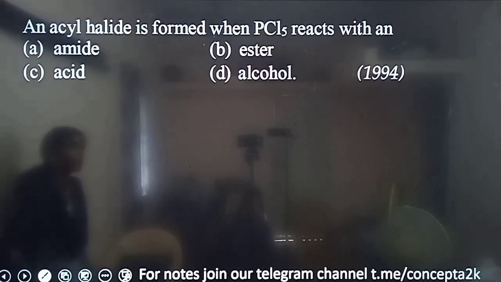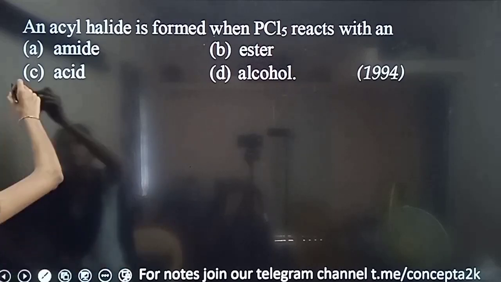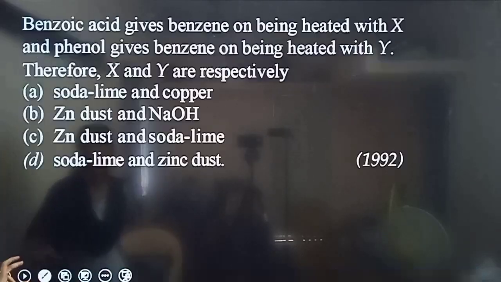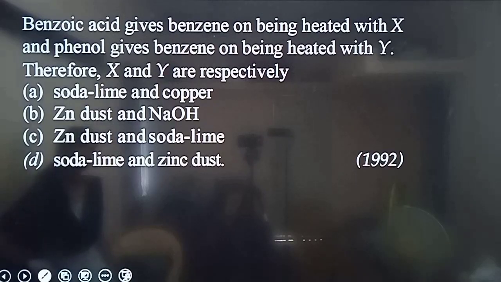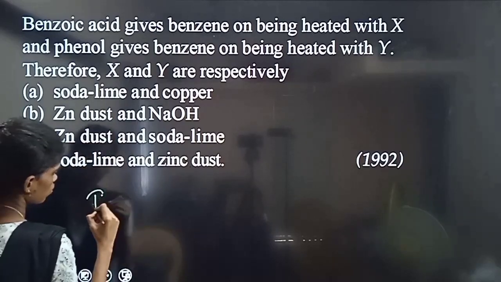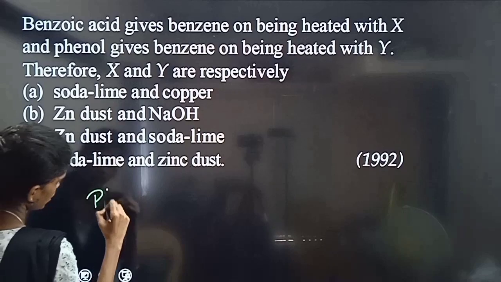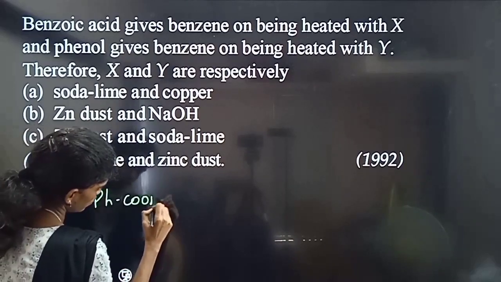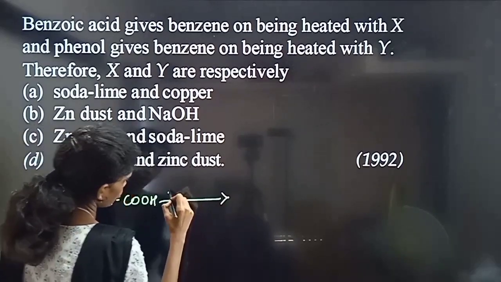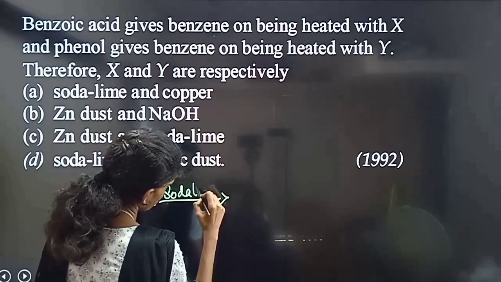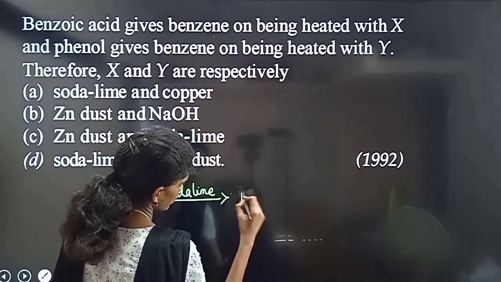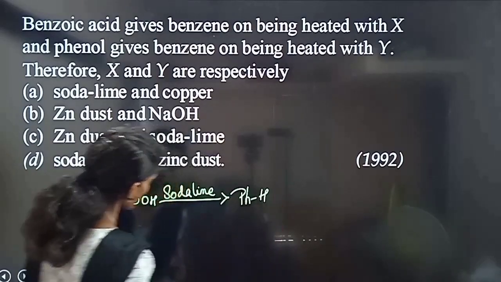An acyl halide is formed when PCl5 reacts with an acid. Benzoic acid gives benzene on heating with X and phenol gives benzene on heating with Y. So we already know these. Benzoic acid, when treated with soda lime, you get benzene.